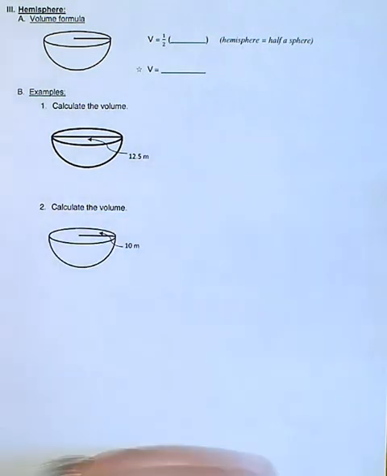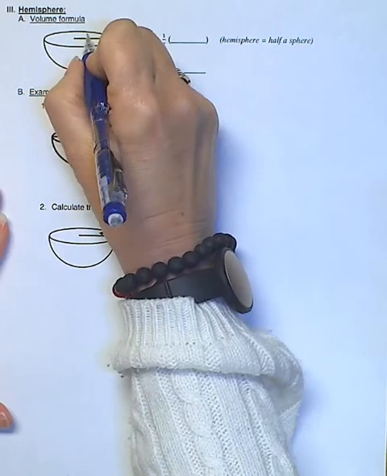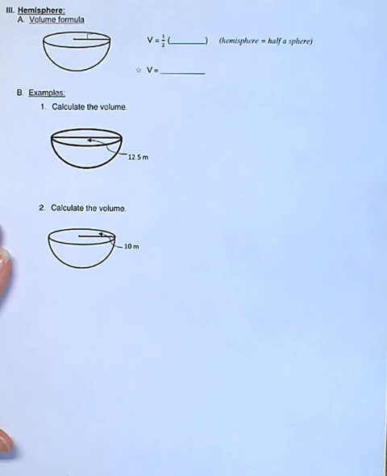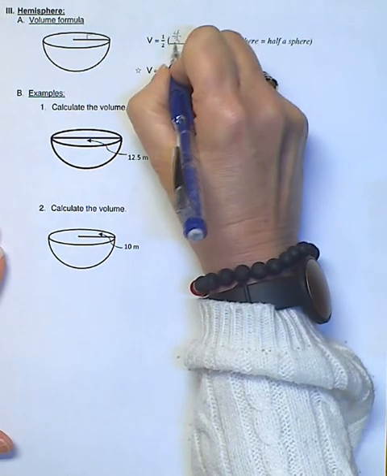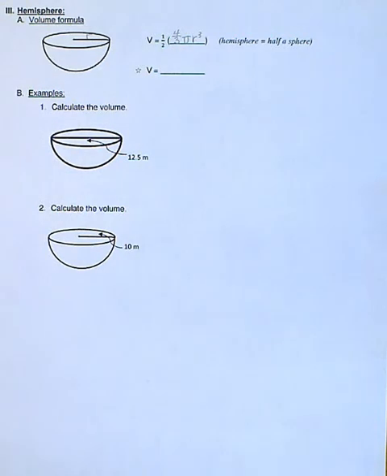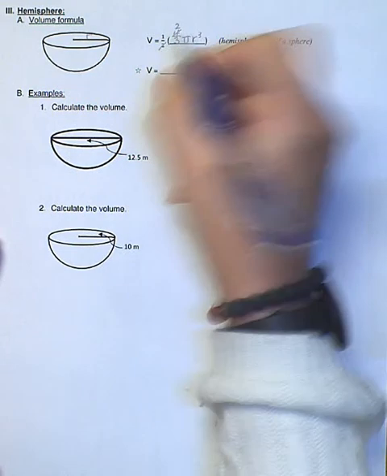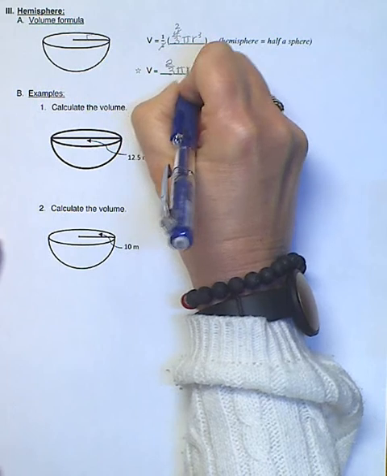So the radius of the great circle is the radius for the entire hemisphere. A hemisphere is half of a sphere, so it's half of 4/3 pi r cubed. Well, I don't want to write that all the time, and I notice that the 2 goes into the 4 twice. So I'm going to write 2/3 pi r cubed instead of having to constantly reduce that.